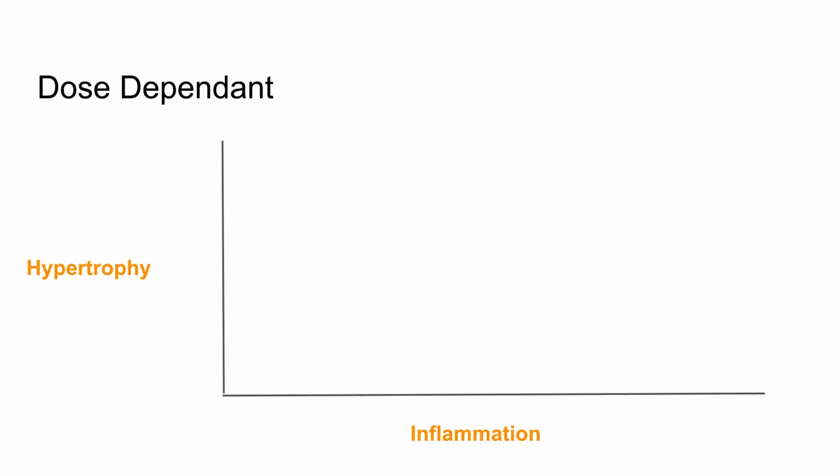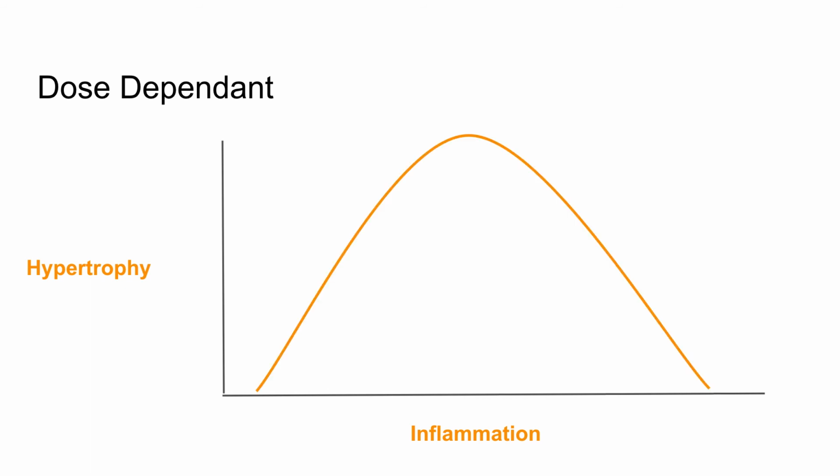Inflammation, brought about by exercise-induced muscle damage, creates this cascade of physiological signals. And it's this inflammatory response from the muscle damage that provokes a hypertrophic response in the body and allows for muscle growth. However, this hypertrophic response from exercise-induced muscle damage via the inflammation is dose dependent.